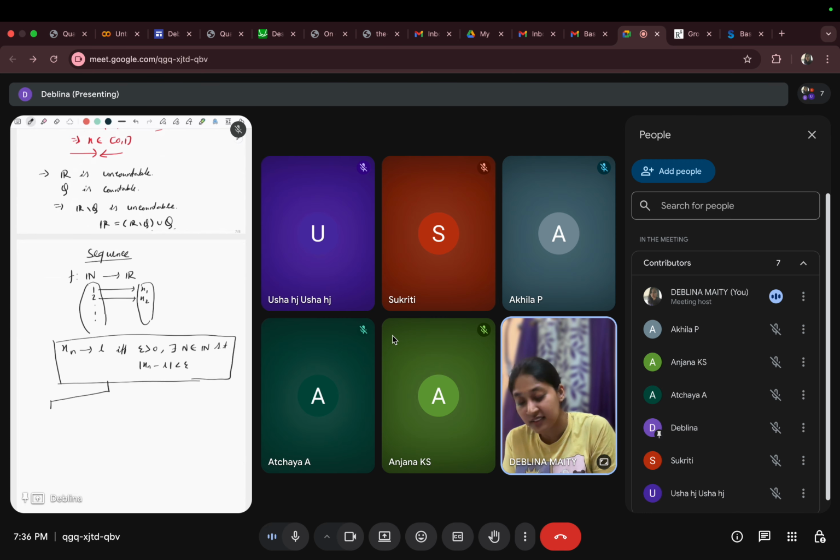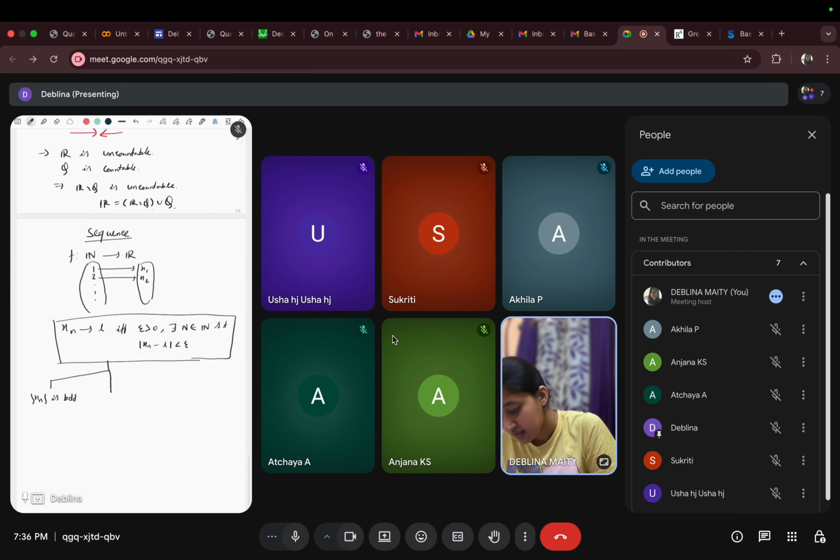So first one is that xn has to be bounded. If it is convergent, then it is also bounded. Second is, if it is convergent, then the limit should be unique. So the limit is unique, right?